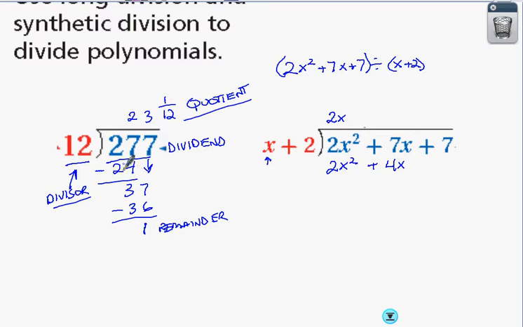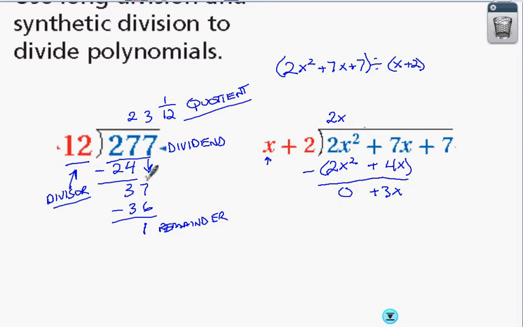And just like I did over here with the numbers, I'm going to subtract this expression from the expression above. So I go 2x squared minus 2x squared. That is 0. And then I go 7x minus 4x. Gives me a positive 3x.